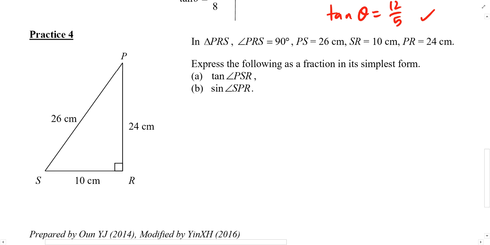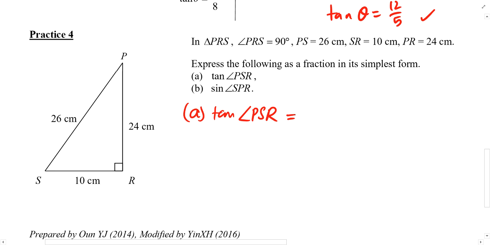Okay, practice 4. Instead of tangent theta, we've got tangent PSR. I just write down the angle. Trigo ratio for tangent, what do we have? Which one over which one? Come on, lesson ending already.